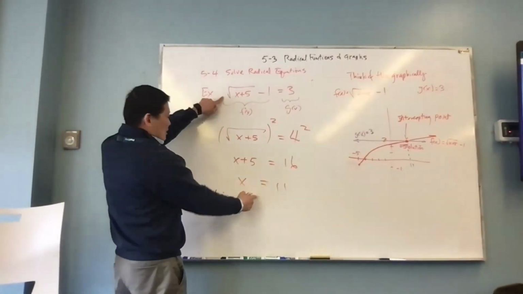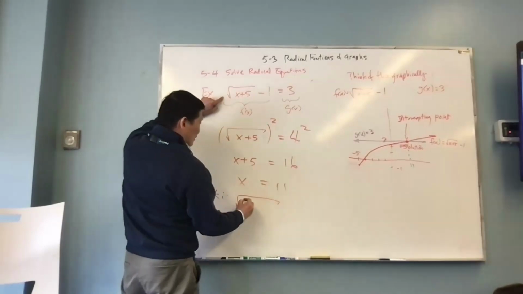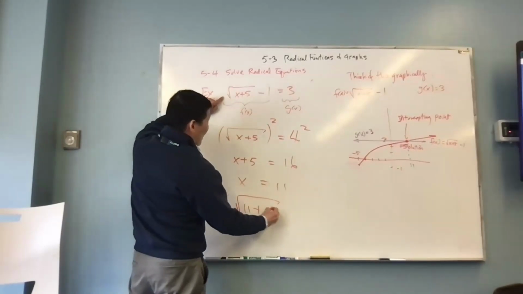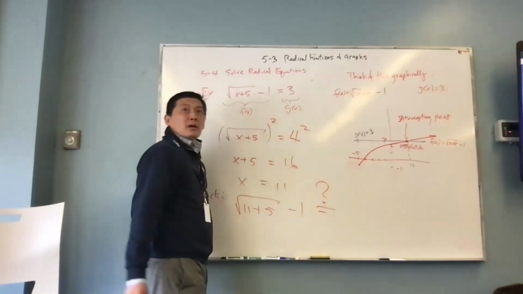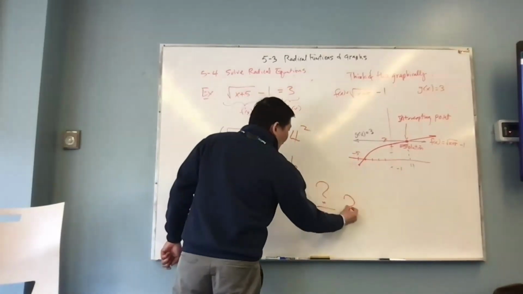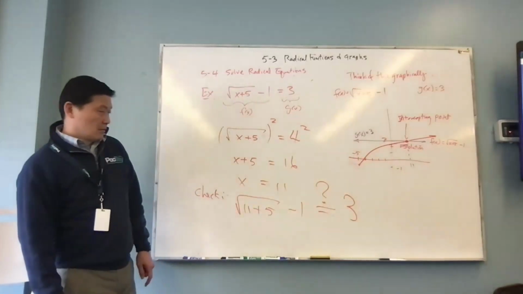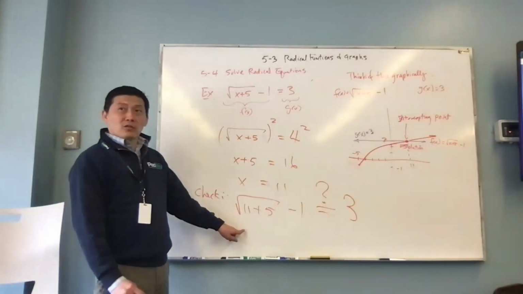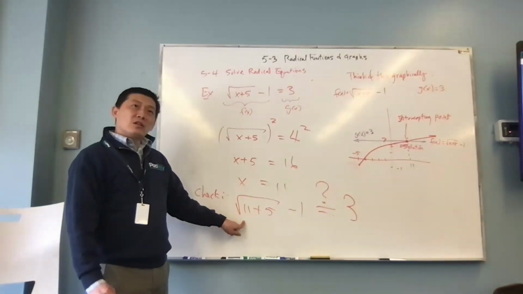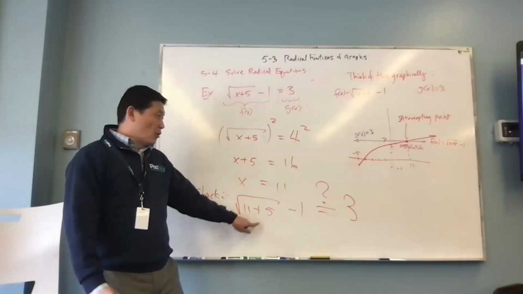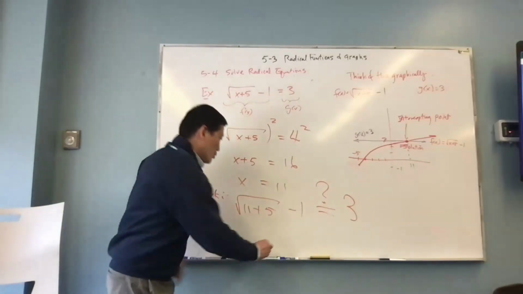By taking this back in here, we have square root of 11 plus 5, minus 1. Put a big old question mark above the equal sign and ask, would that actually equal 3? Well, yes. We end up with square root of 16, which is 4. 4 minus 1 is 3.